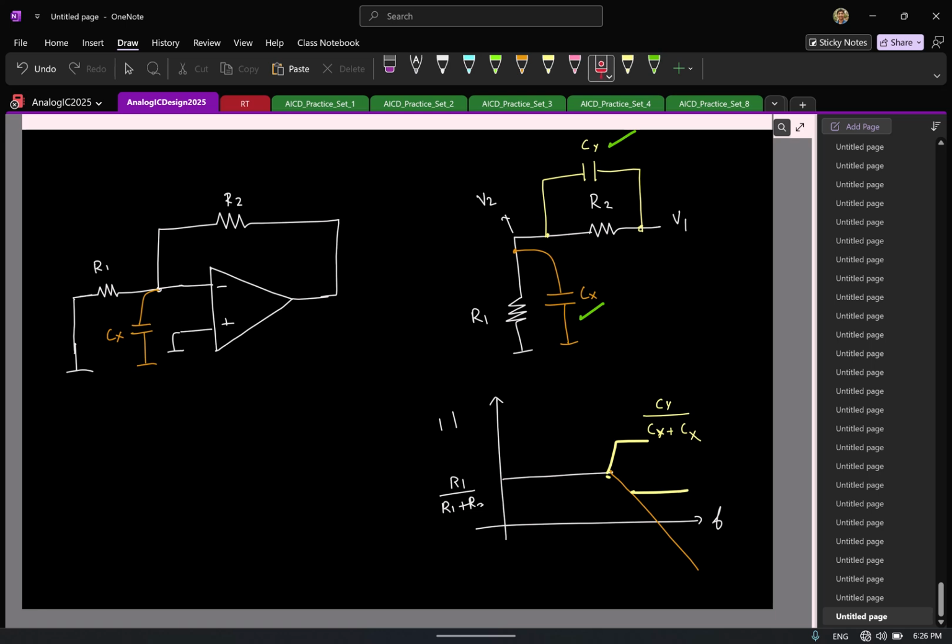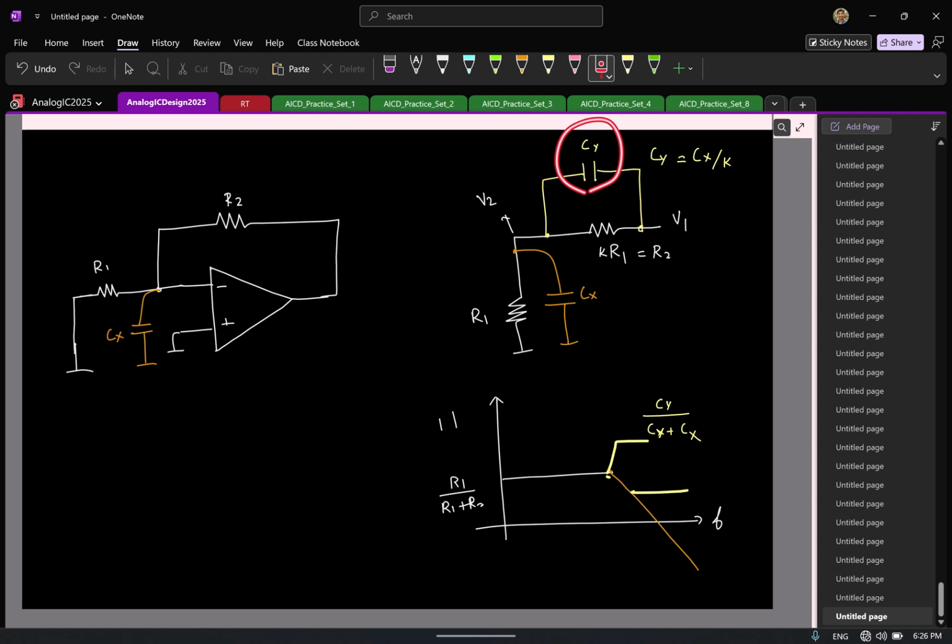Now, in particular, let me give an example. Let us say R2 is some K times R1. Right? So then if I choose my CY to be CX by K, what might happen? What I'm saying is this resistor I have is basically K times R1.